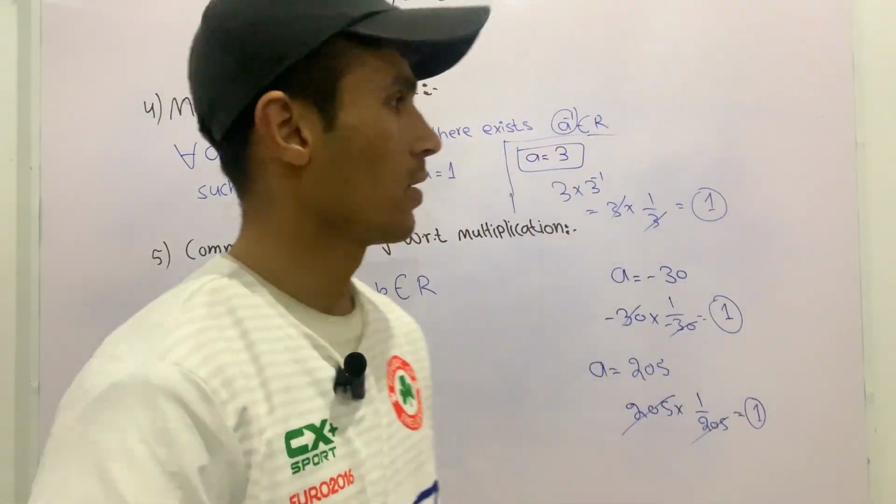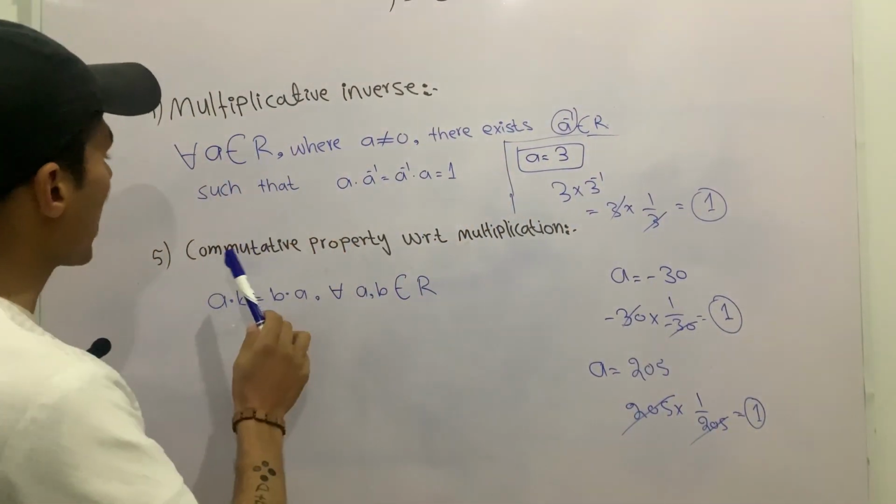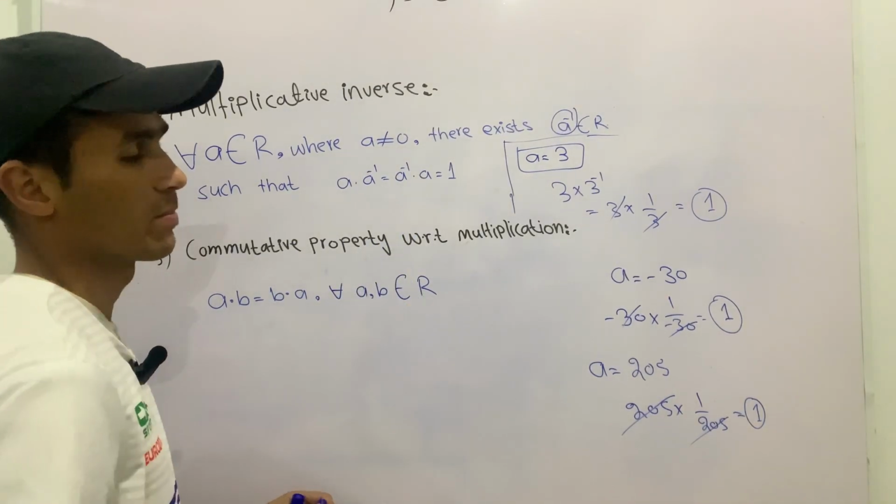So look here, the last property is the commutative property with respect to multiplication.